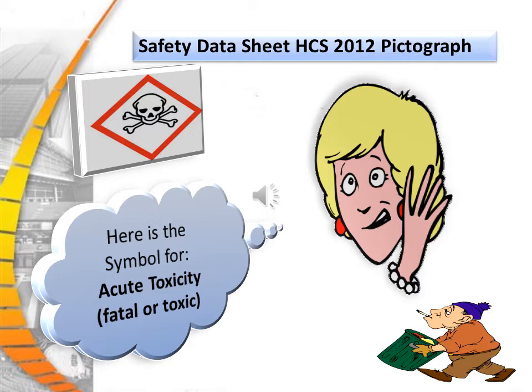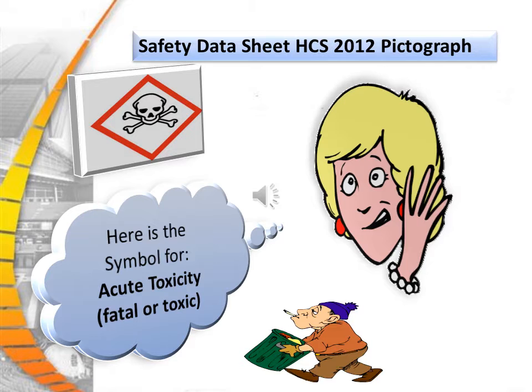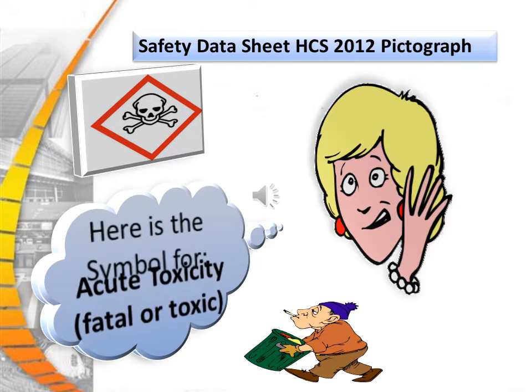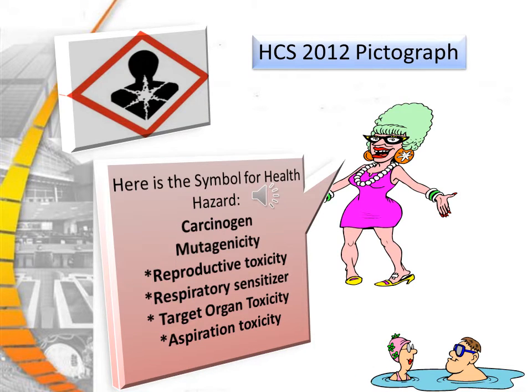In this slide, we see the symbol for acute toxicity, fatal or toxic. The symbol for health hazard, depicting carcinogens, mutagenicity, reproductive toxicity, respiratory sensitizer, target organ toxicity, and aspiration toxicity, is shown here.